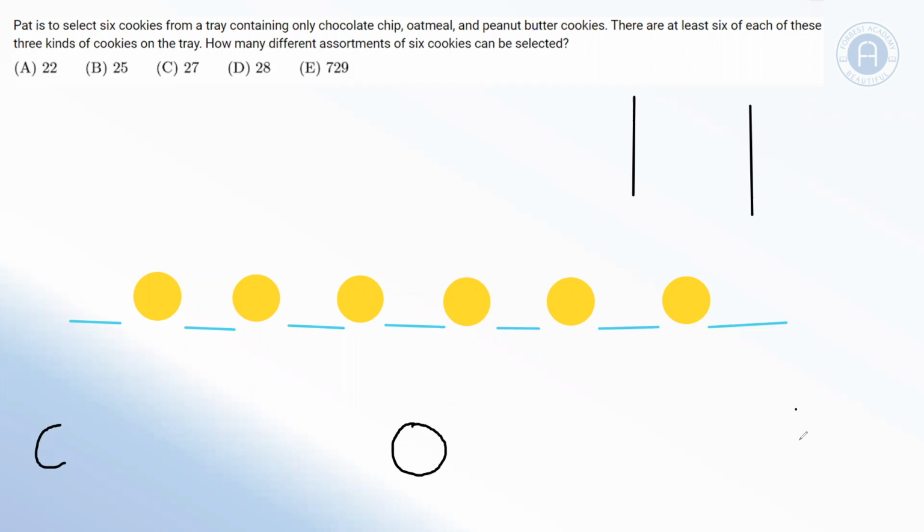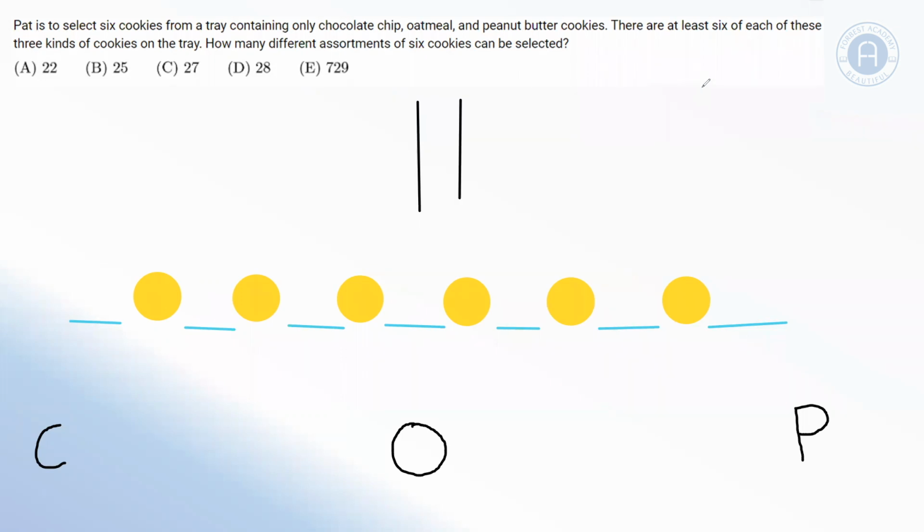And our group on the right-hand side is going to be our peanut butter cookies. So we know that we can have 0 peanut butter cookies and we can have 0 chocolate chip cookies as well. So we need to have gaps either side of that end cookie. And what we're going to ask is how many ways are there to place 2 bars into 7 different gaps.